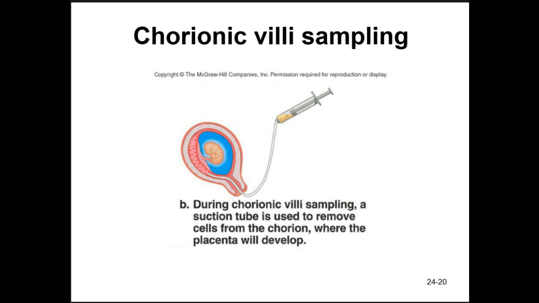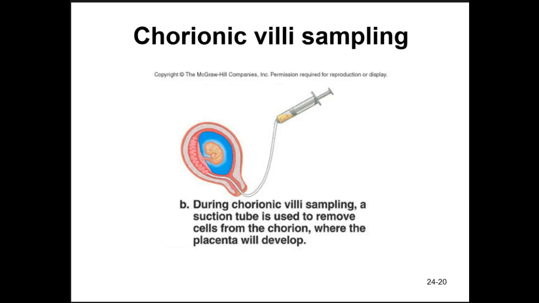Chorionic villi sampling. In this procedure, a suction tube is used to remove cells from the chorion where the placenta will develop. This chorion membrane has some of the fetal cells in it, and so you can analyze the chromosomes from this as well.